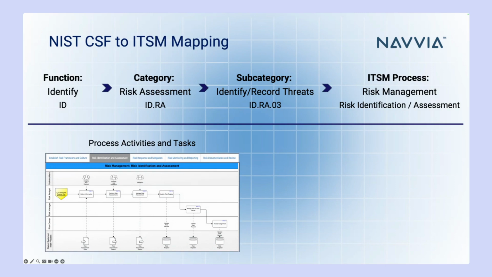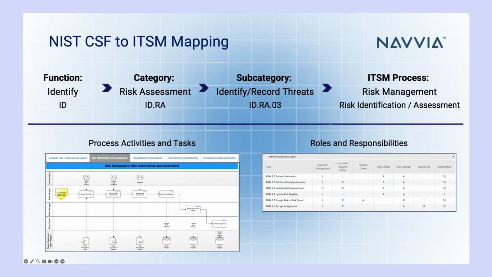That process can have multiple activities like establish a risk framework and culture, risk identification and assessment, risk response and mitigation, risk monitoring and reporting, and risk documentation and review. And if you look at risk identification and assessment, there are tasks here that deal with that specific outcome. Not only that, but you've got the roles and responsibilities defined.